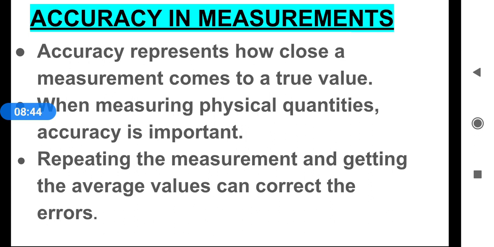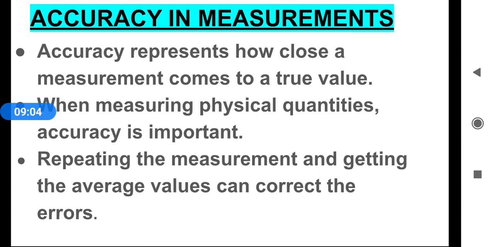It is also important in our daily life. What will happen if a little more salt is added to food while cooking? So it is important to be accurate when taking measurements.